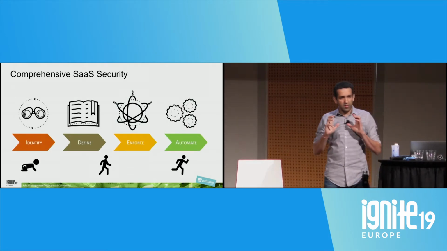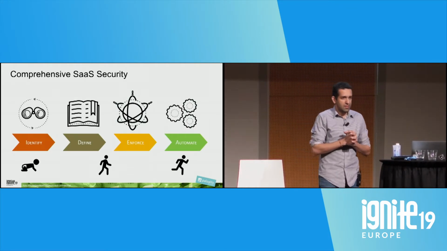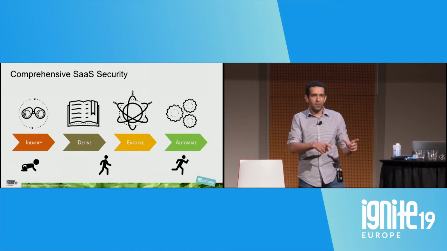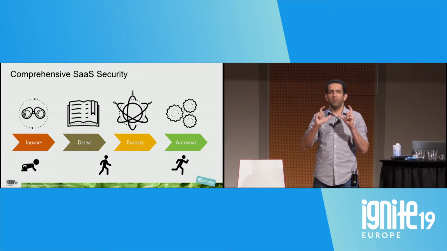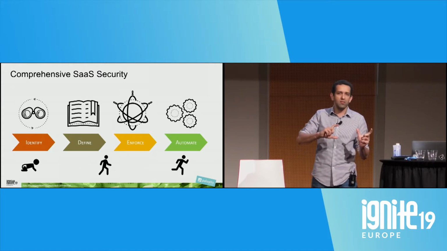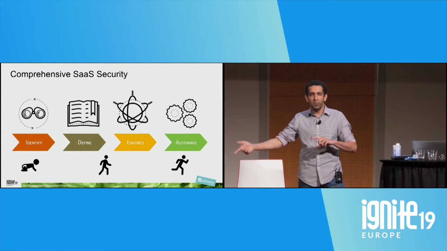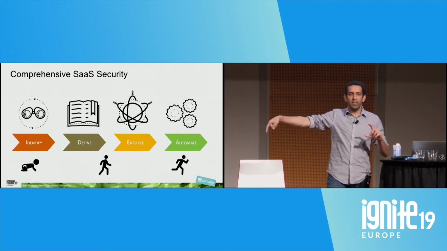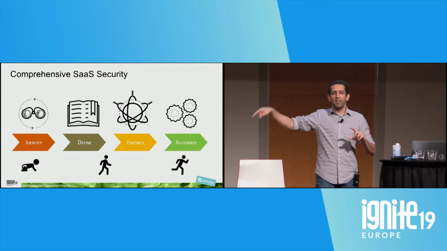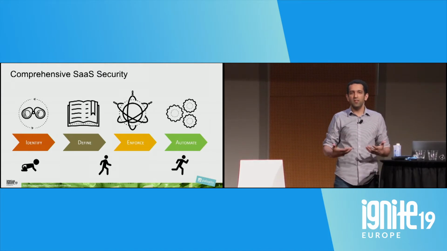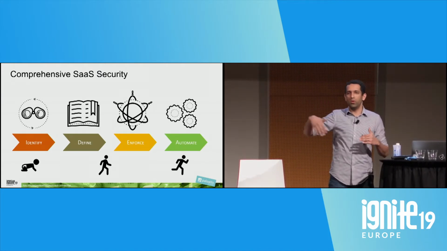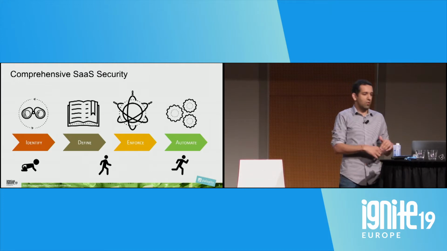Now, the journey itself, right, is 4 steps. You have identify, you have defining, which is basically figuring out corporate policy, figuring out what the enforcement policy would look like, and then actually doing the enforcement would be the 3rd step. And then the final step would be to actually automate some of this, to make this easy for you so that it's not an additional tool or an additional group of solutions that you're trying to manage.